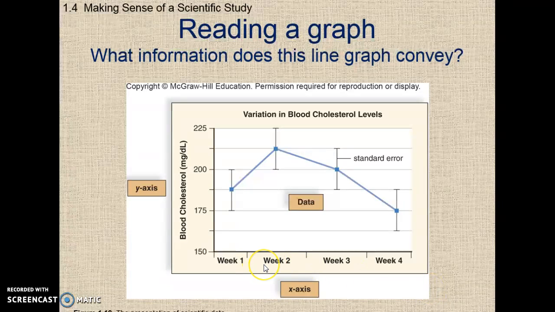This is the x-axis. There's time on the x-axis, and then this is the data that was actually collected. So week 1, cholesterol was at 187. At week 2, it was up to 212. At week 3, 200, down to 175, down 25 points by week 4. So what information is this trying to say? That the blood cholesterol went down?